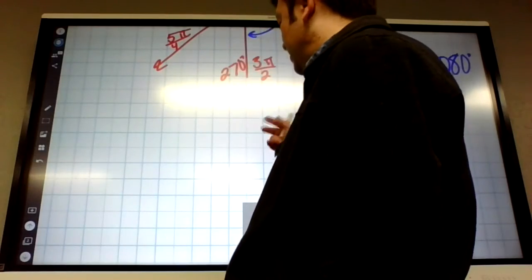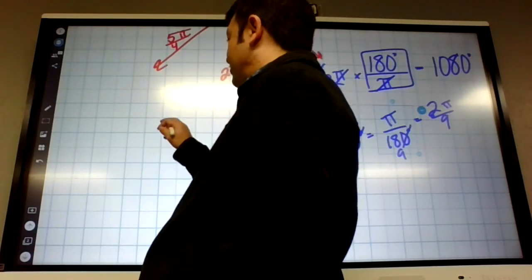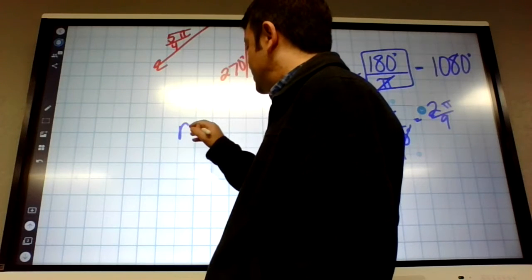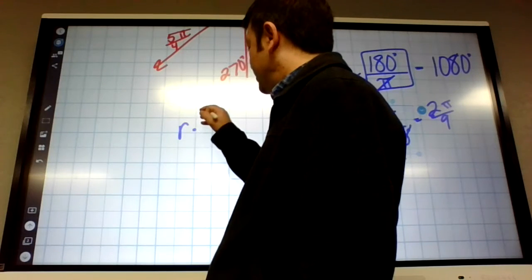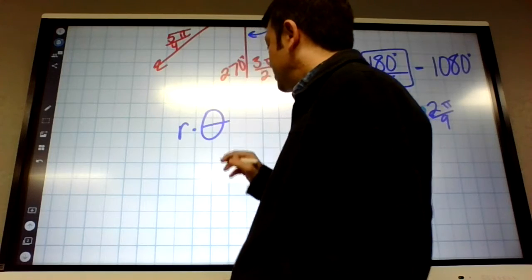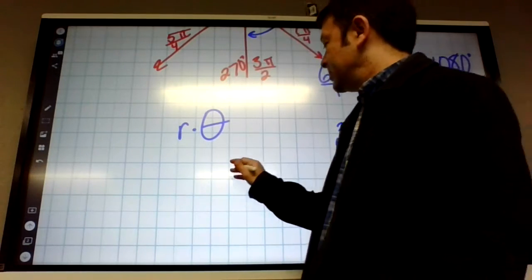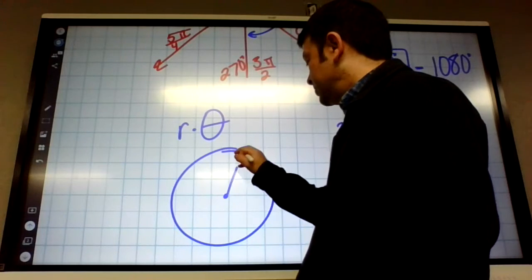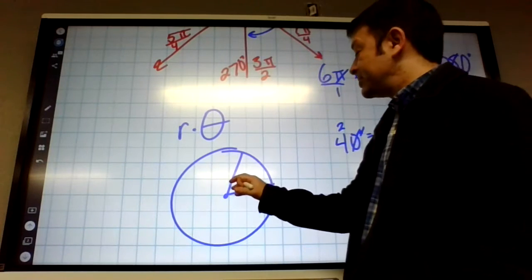Okay, I think I said this earlier. I think this is why they made radians. Because if you do the radius times, you guys remember theta from last year? Used a lot to represent a central angle.